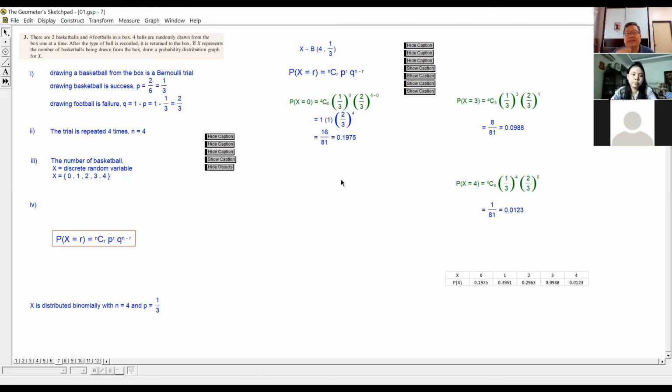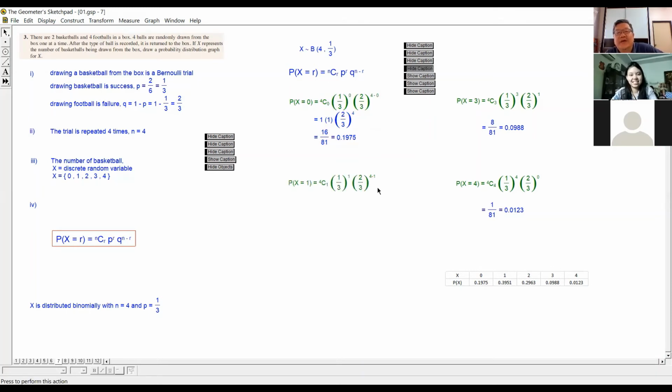Now, can you tell me what is the probability of x equals to 1? 4 choose 1, then 1/3 to the power of 1, then 2/3 to the power of 3. Not 3, 4 minus 0. Oh, 4 minus 1, yeah, 3, sorry, I looked at the wrong one. Okay, it's correct.